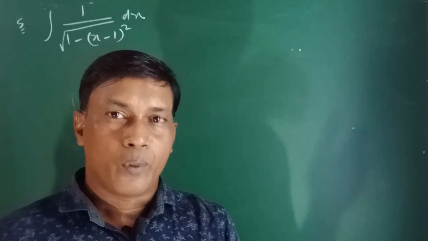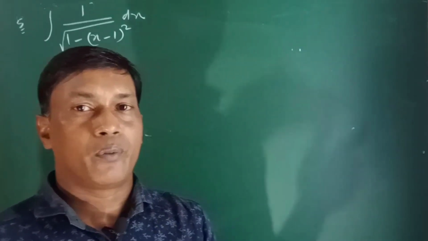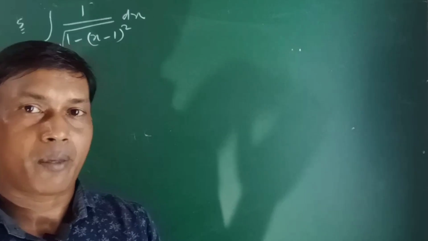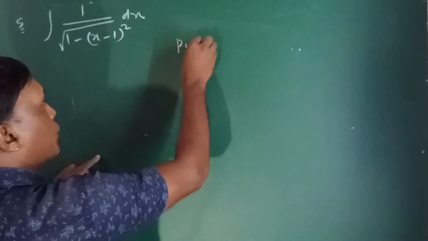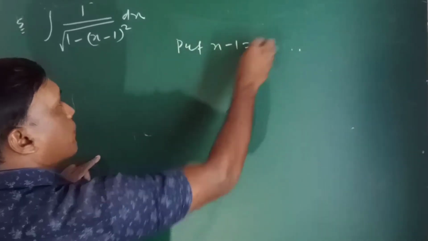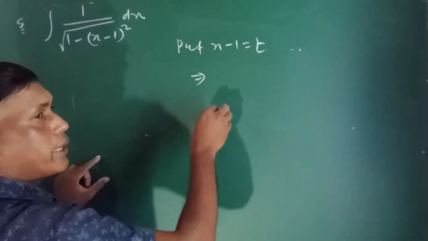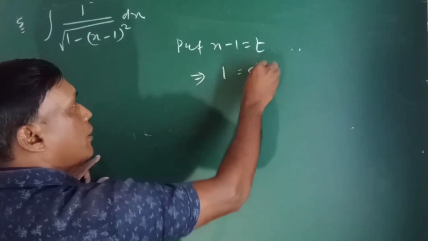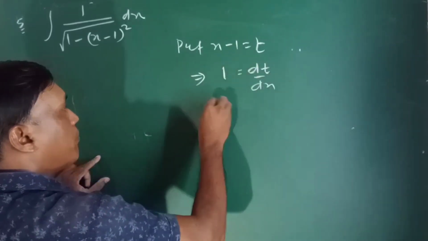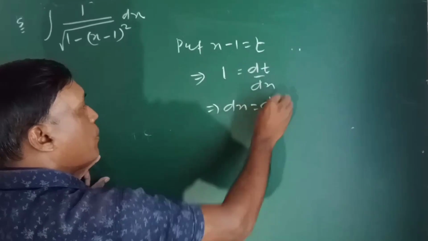So put x minus 1 is equal to t. Differentiating both sides with respect to x, the derivative of x is 1, the derivative of 1 is 0, and we get dt by dx, which implies dx is equal to dt.